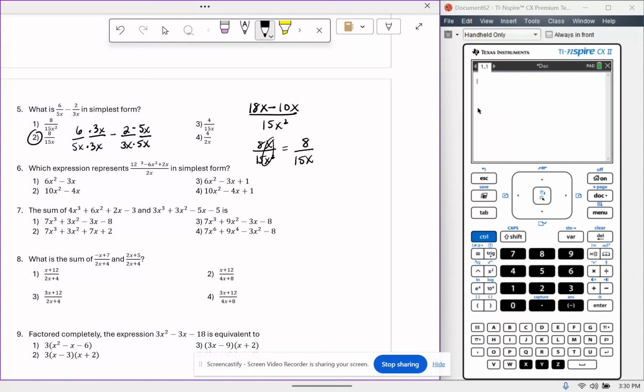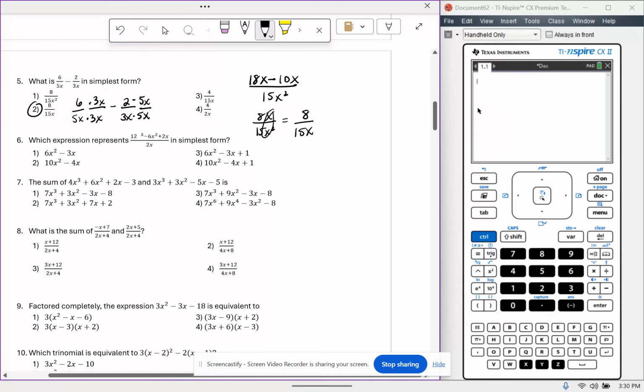All right, question 6. Which expression represents 12? Oh, that's weird, the x didn't print. 12x cubed minus 6x squared plus 2x over 2x in simplest form. So we would go ahead and look at the top. This is going to factor by pulling out a GCF of 2x from every term.